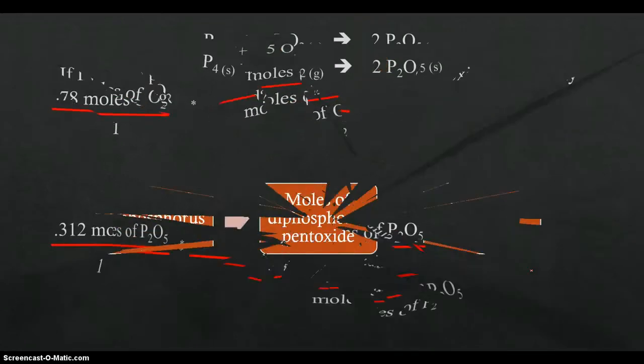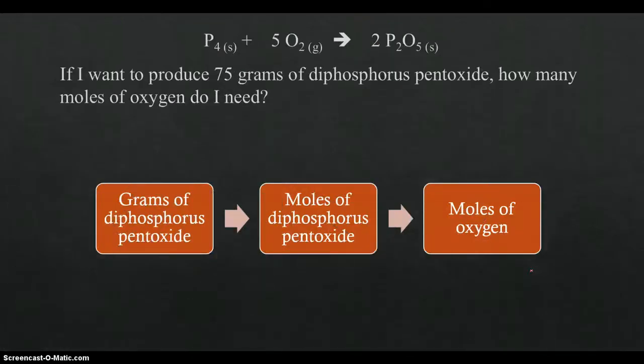All right, let's take a look at what would happen from a little different perspective. What if I started in grams and I wanted to go to moles? It's the same thing, except basically I'm reversing the process. So nothing really changes. Remember, I can't go from grams of a substance straight to moles of another substance.